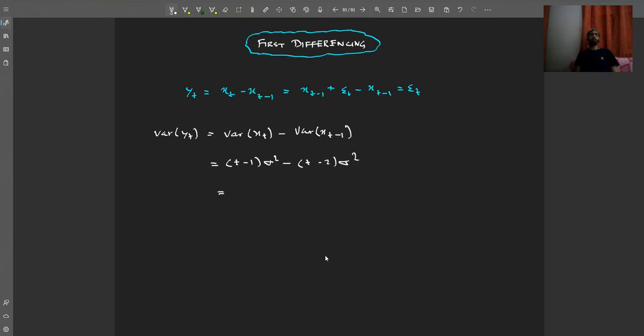If you just simplify this, this becomes equal to sigma square. So the t variable is gone. Sigma square becomes a constant value, which is the variance of yt. So the variance part is gone. And the expected value of yt is nothing but 0, because expected value of error is nothing but 0.